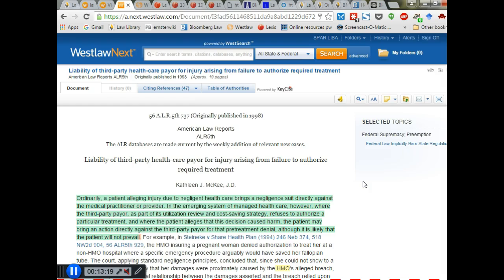Oh, this doesn't have the summary. I think we might have gone back. But we went to another ALR to look at ERISA, but we really didn't get that deep into ERISA yet.